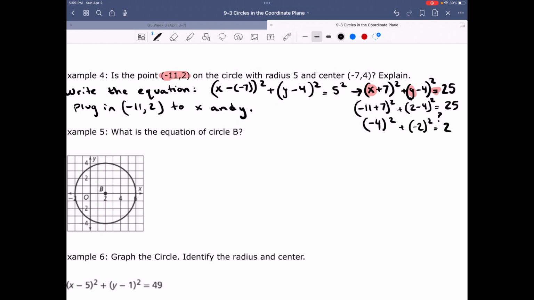We still want to see, does it equal 25? Negative 4 squared is 16, and negative 2 squared is 4. Does that equal 25? Does 20 equal 25? No. So is that a point? No. Negative 11 comma 2 is not a point on the circle.